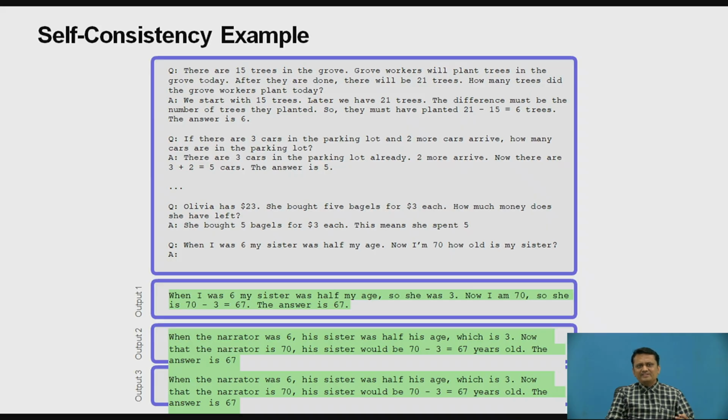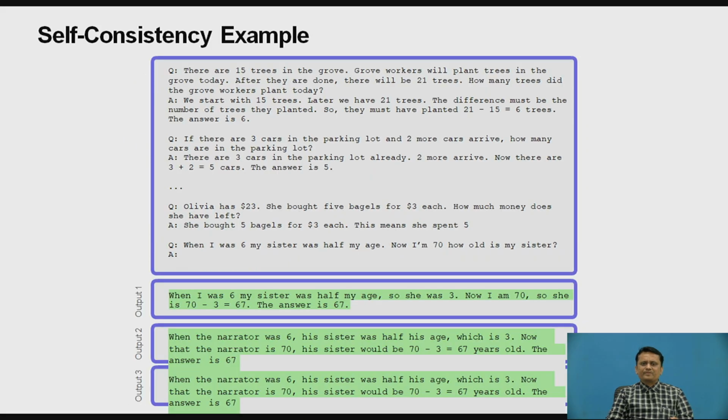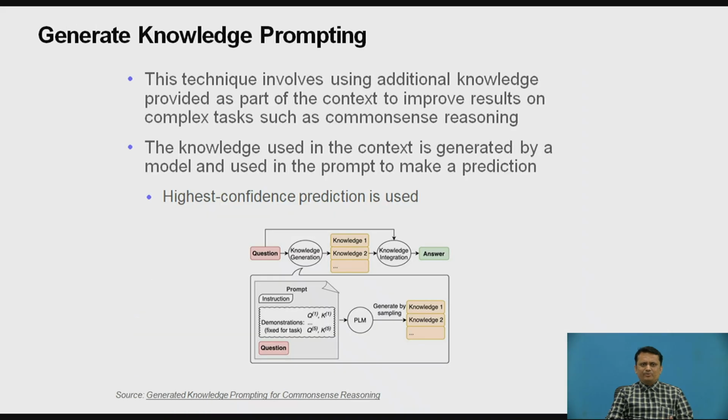If these consistent example problems and their answers are given as the input instruction itself, and the same question is asked again, now you get the correct result. In the earlier approach you were getting a different result, so now you get this as the correct answer. This approach is called the self consistency approach.